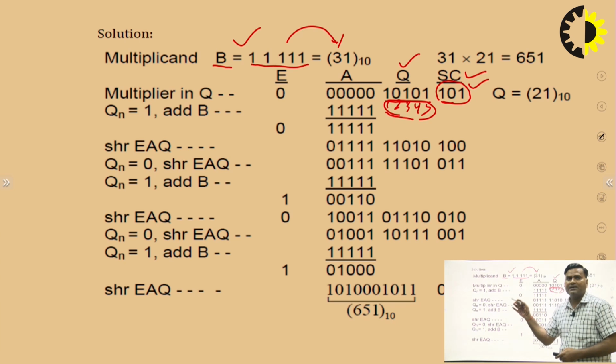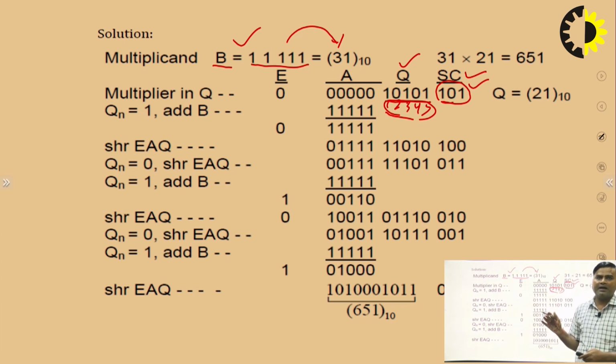The number of bits in the multiplicand, the number of bits in the multiplier, and the number of bits in register A should be equal. So B, that is the multiplicand, the multiplier and register A should have equal bits. You have to remember this. So we clear A to 0, not a single 0.